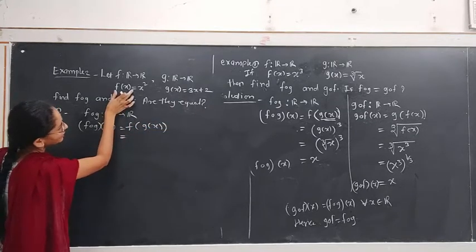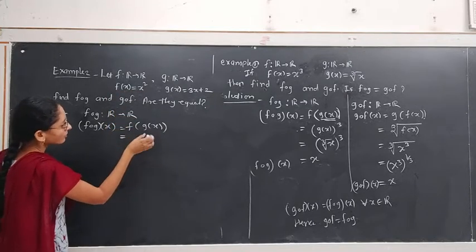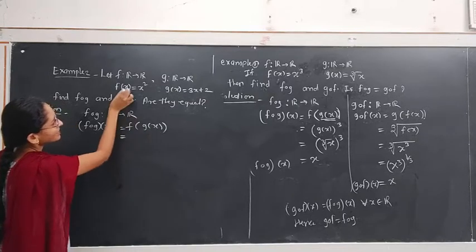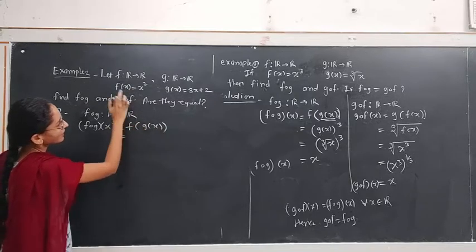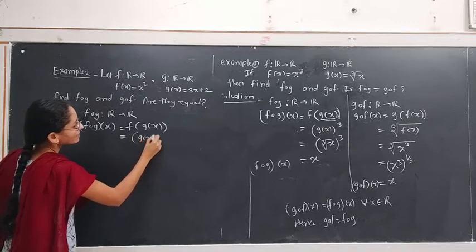We know the definition of the function here. f of x is equal to x square. We have to find f of g of x. Replace this x by g of x, then we get f of g of x, that is g of x square.